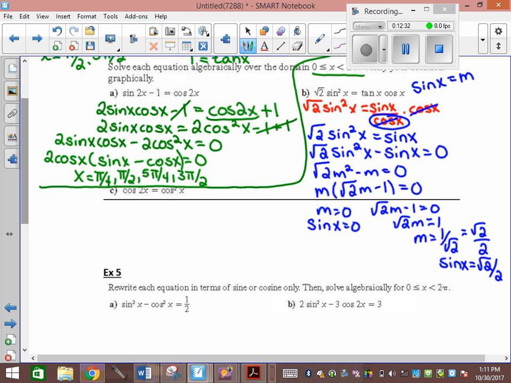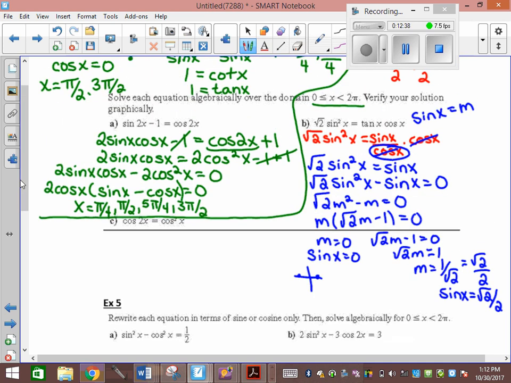So sine x equals 0 when y equals 0. Y equals 0 here and here. Now I have to check if it's inclusive of 0 and 2 pi. So it says here it's equal to 0, but it's not equal to 2 pi. So my only solutions then are going to be x equals 0 and pi. But I can't include 2 pi because it's not equal to it here. And then where it equals square root 2 over 2 is at the 45s.